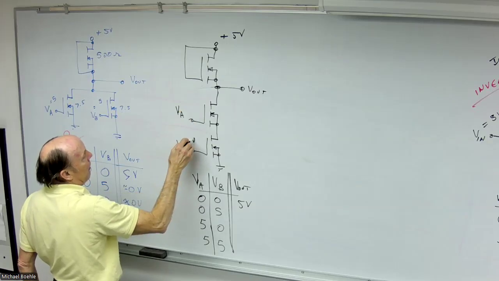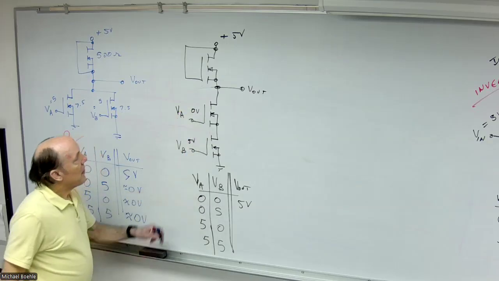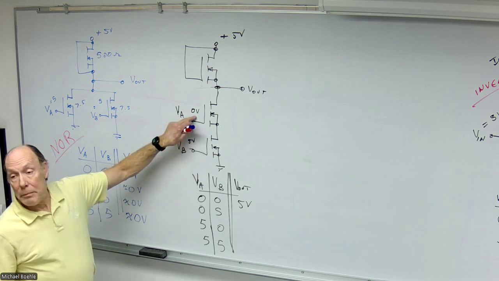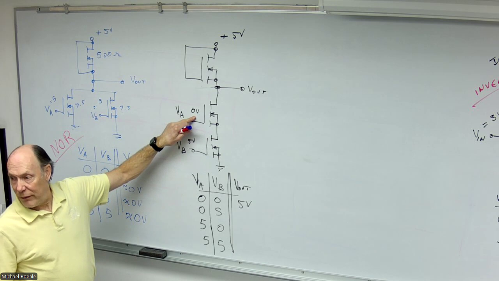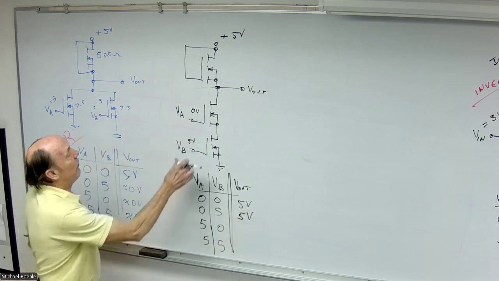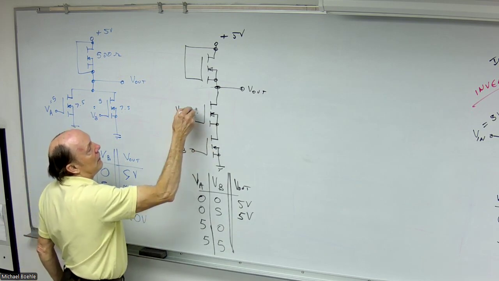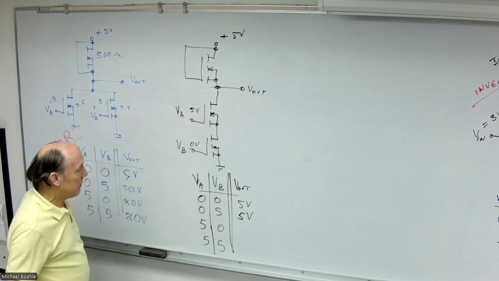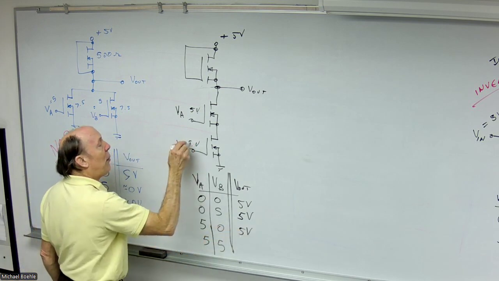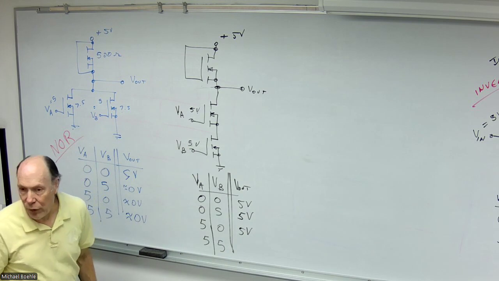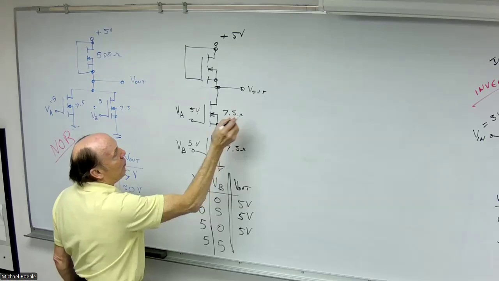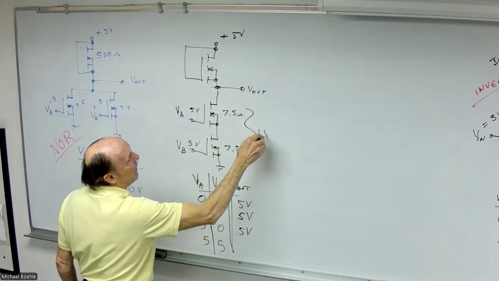Now, I put 5 volts here. So this could turn on, but this transistor is still off. Reverse it. Same thing. Now, when both have 5 volts on, they become 2 7.5 ohm resistors in series, which is 15 ohms.